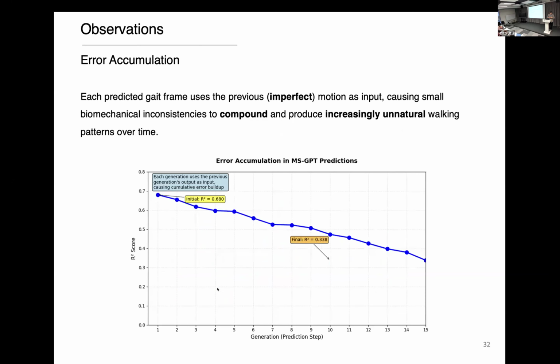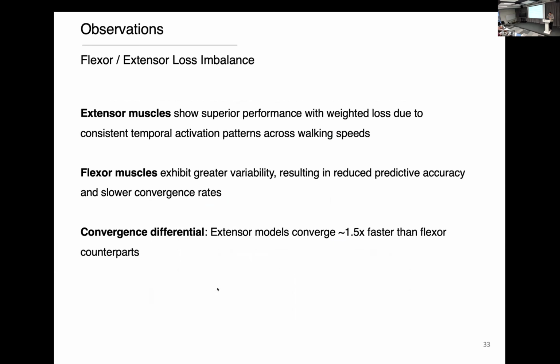Here we can point to error accumulation, because we found that with autoregressive generation, the later the tokens we generate, the noisier they are, with bigger error and more imperfection. And our observation is the flexor-extensor loss imbalance, as I said about different muscle groups. I think with proper research, we can apply this weighted loss or maybe some other restrictions at training time for other groups of muscles.